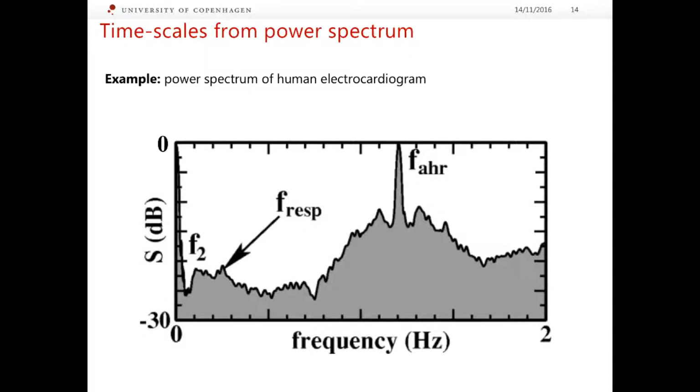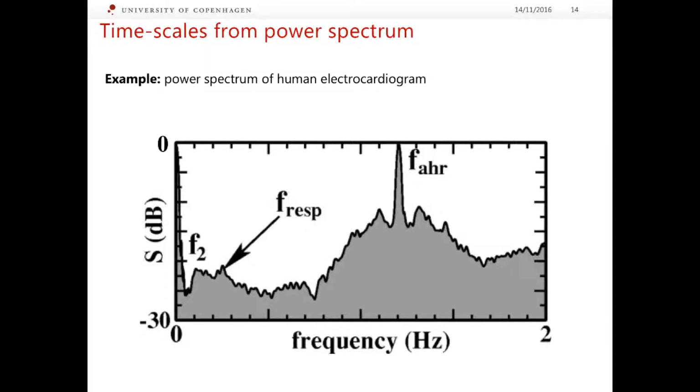In the spectrum shown, we can clearly see three different time scales. The first one corresponds to the highest spectral peak, whose central frequency is denoted as f(AHR) for average heart rate. This is the peak associated with the repetitive heartbeats. The second frequency is denoted as f(RESP) and points to the time scale associated with respiration or breathing.